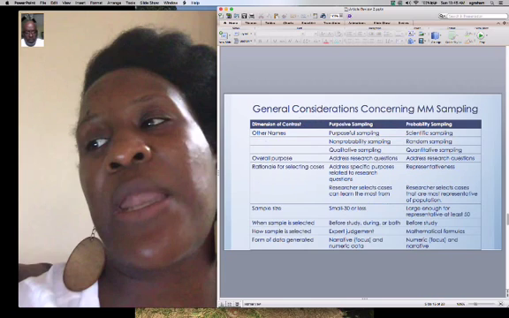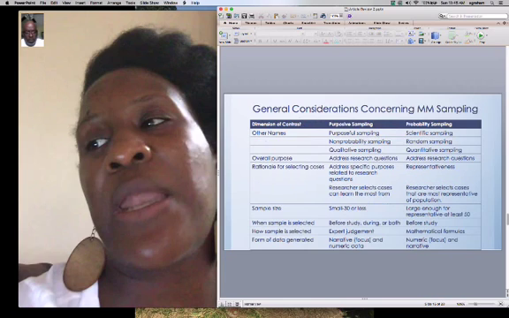So I know we won't read the whole chart here to you, but as you can see, under the purposive sampling side, as far as the purpose of purposive and probability sampling, they both want to address research questions.